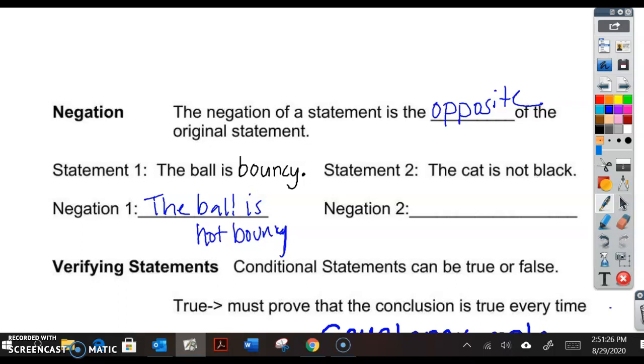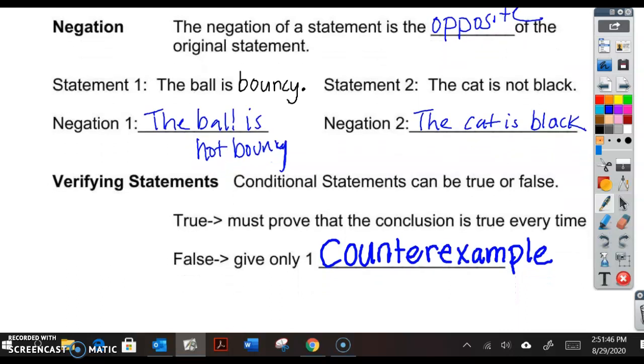You wouldn't say the ball is flat or use another word. You have to use the opposite. You have to use not bouncy. So for example, in statement 2, the cat is not black. You would say the cat is black. You wouldn't say the cat is blue.